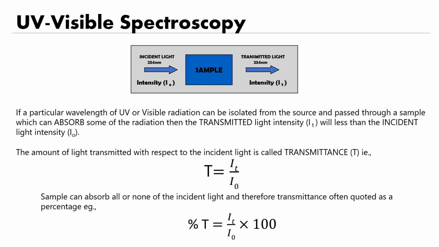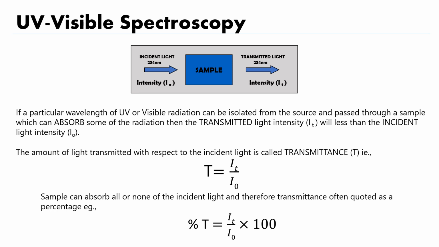So, how does UV-visible spectroscopy work? If a particular wavelength of ultraviolet or visible radiation is isolated from the source and passed through the sample, okay, so this is the sample, and we strike a particular wavelength of light on it. This light has intensity I0.